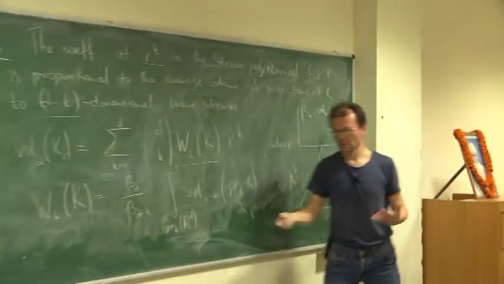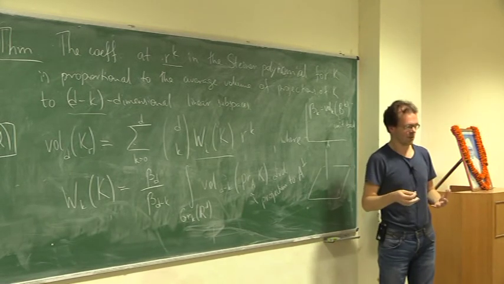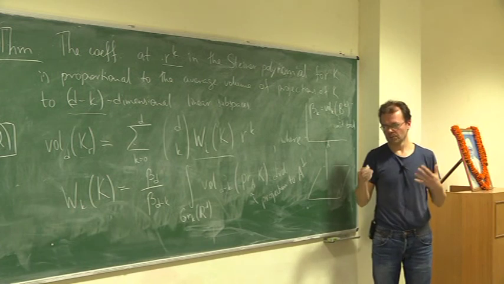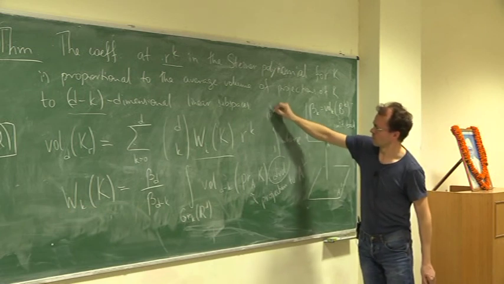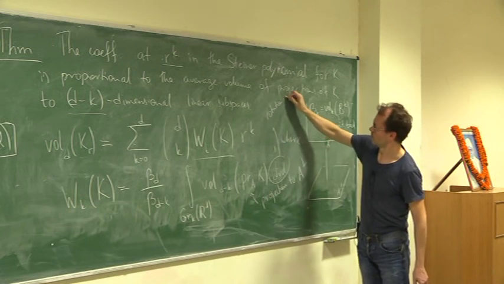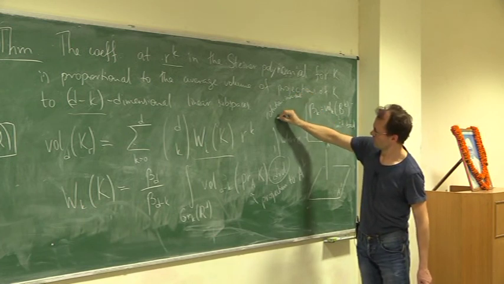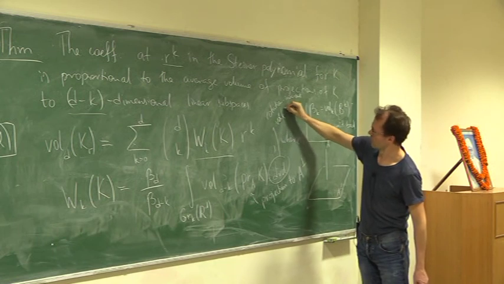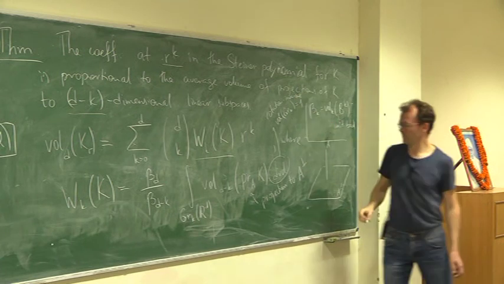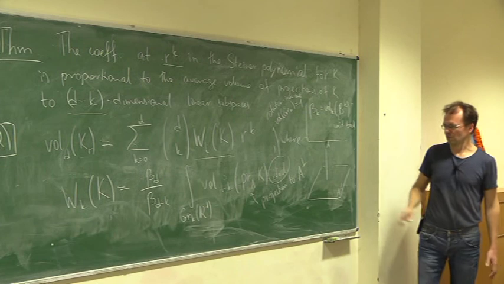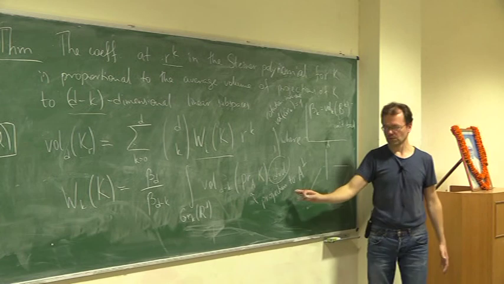This is the one which is rotation invariant and which has total mass 1. So the total mass of the Grassmannian is equal to 1. That means this integral is actually the average of the volumes of the projections, right?